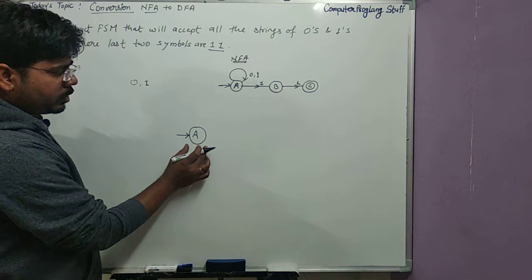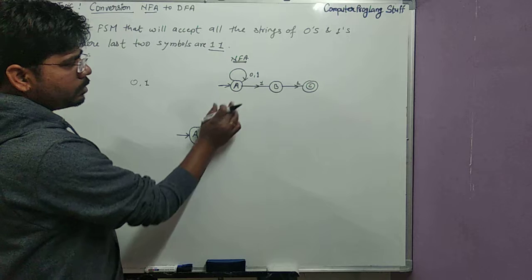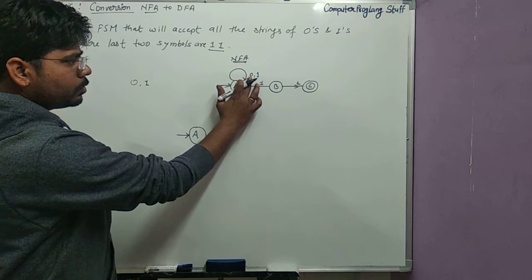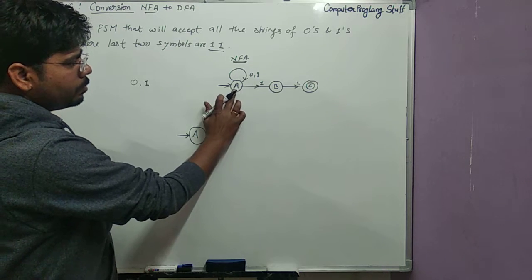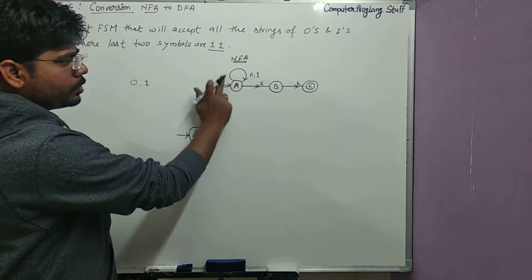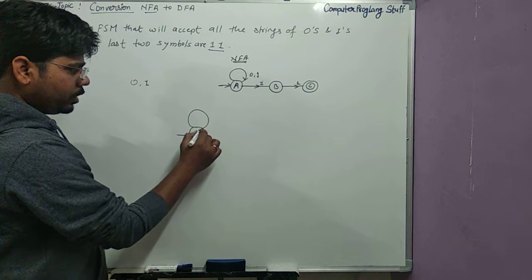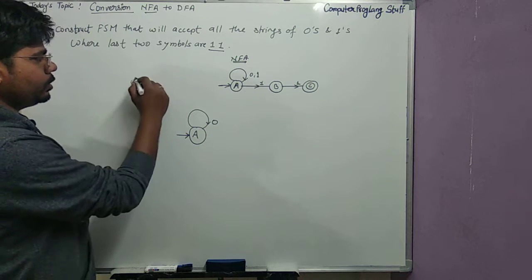From this state, first we will see the transition for 0. From state A on transition 0, there is a self loop, so you are reaching the same state. So this has 0. Okay, so this is complete.